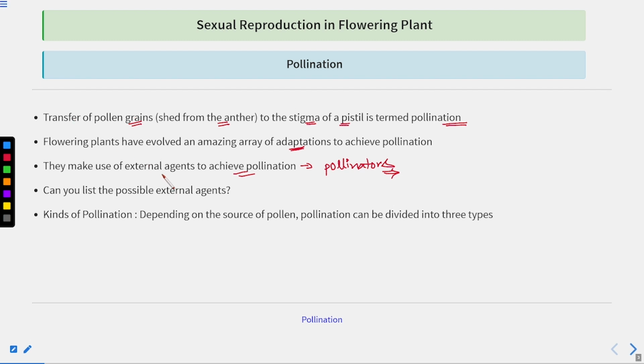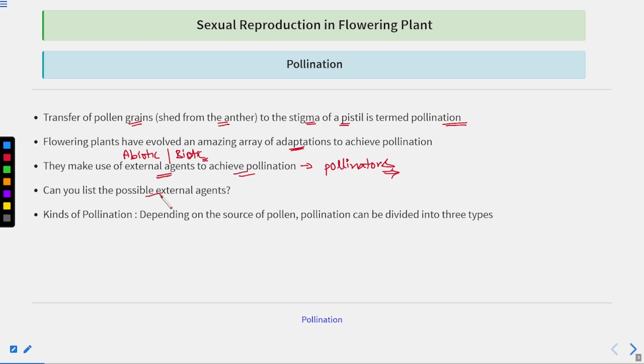They can be abiotic or they can be biotic. Abiotic are like water, wind. Biotic are like animals, like honeybees and bats.